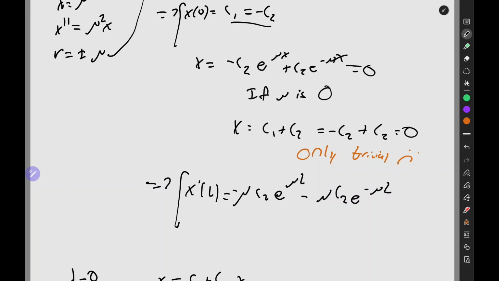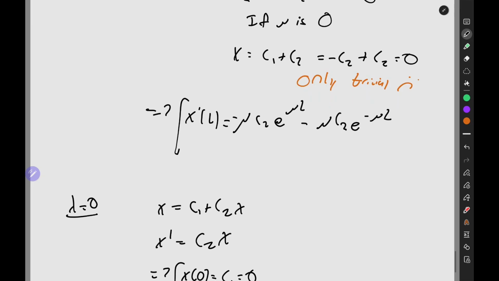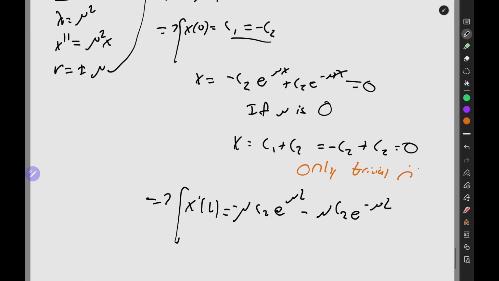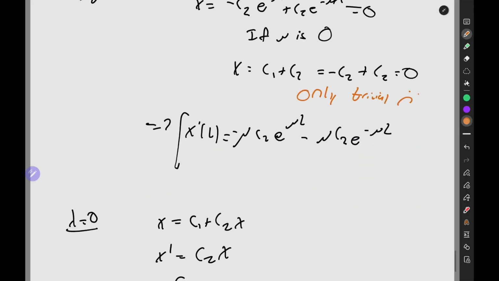What would make that 0? Well, if mu is 0, then that's going to be mu C2 minus mu C2, which is negative 2 mu C2. Mu is going to be 0. Once again, if mu is 0, we end up with this. It leads to the same exact answer. Only trivial.